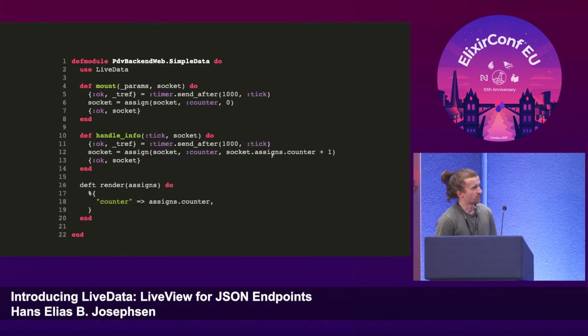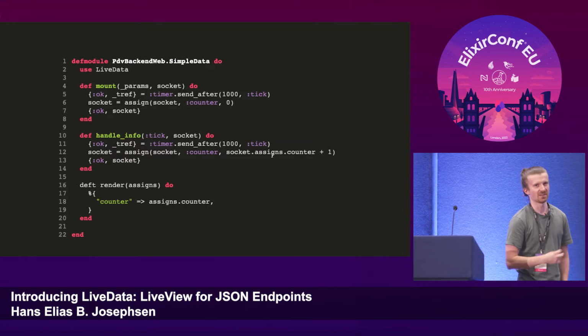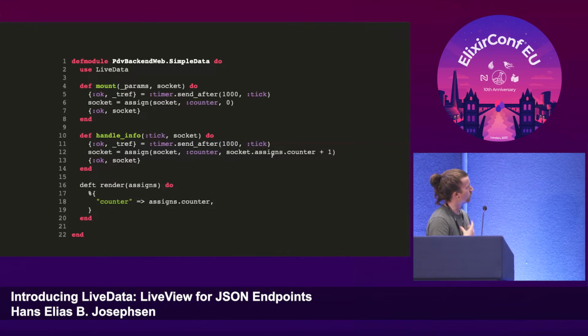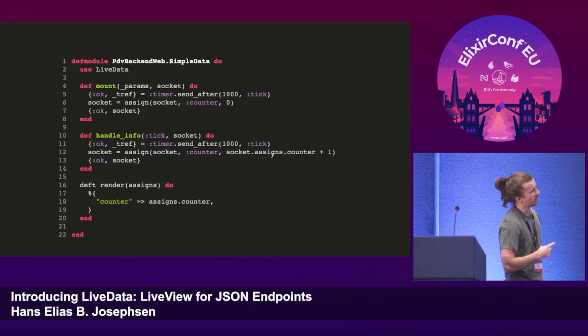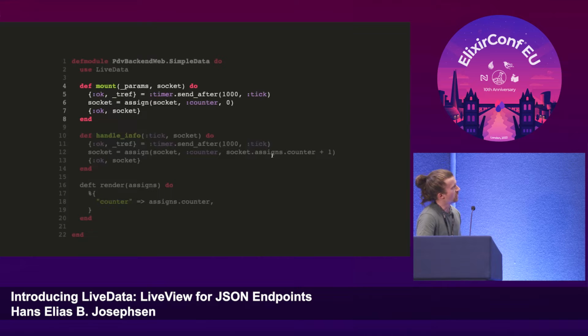This is the first code I'm going to show you. If you squint a bit and look at this from far away, this looks a lot like a LiveView, right? You have your module there, you use, and then you have a mount, handle info to receive messages, and then a render. But it's not quite a LiveView. At the top there, it's doing use LiveData instead, not LiveView. So obviously something's different. There's a mount.